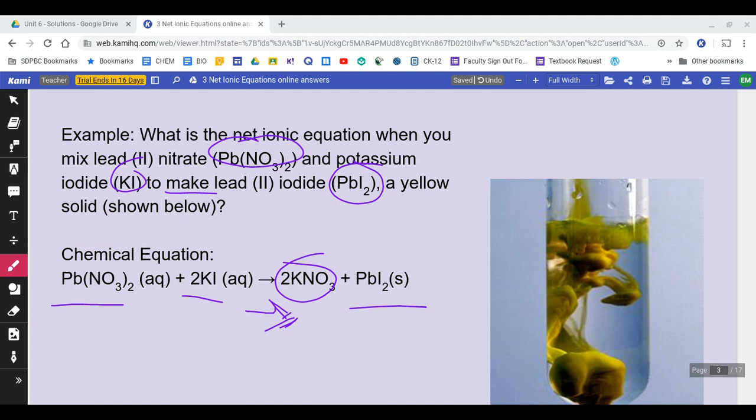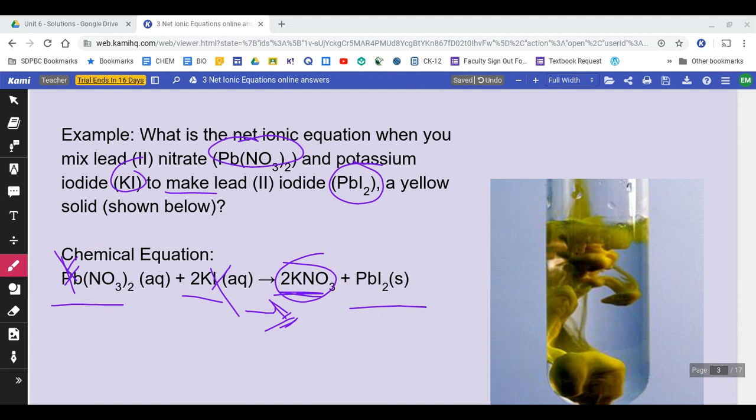So what's left over? Well, we used up Pb and I. We got K and NO3. So that's how you know what this other substance made is.